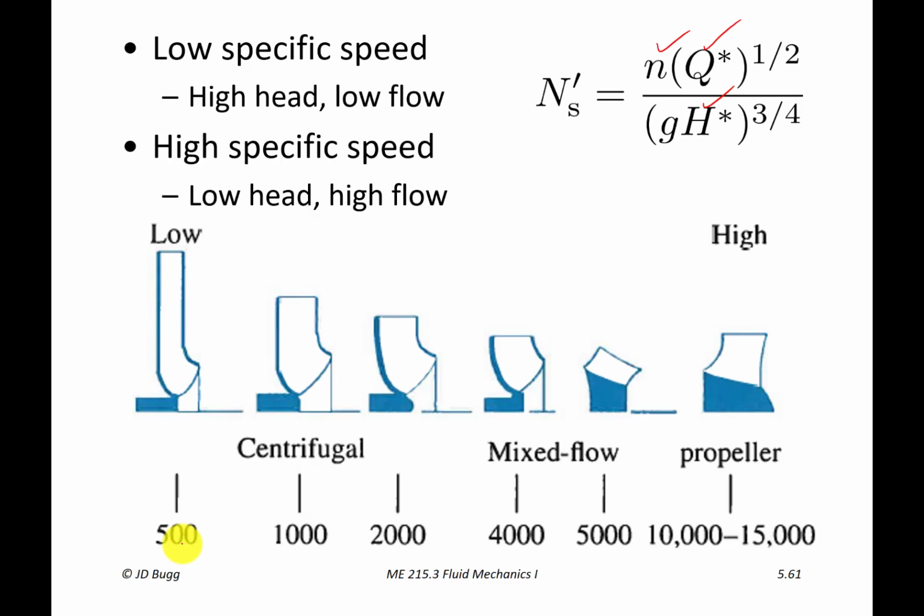So in summary, the specific speed is a pump selection parameter that tells us what design of pump we should be selecting. And then once we've picked a design of pump, we can use the scaling laws to figure out how big it should be. Should it be a 10-inch impeller, 14-inch impeller, 20-inch impeller? Just how big does it have to be to achieve the performance we require?